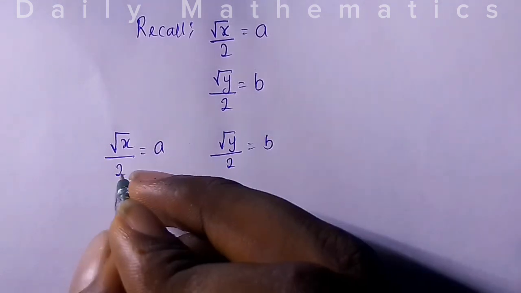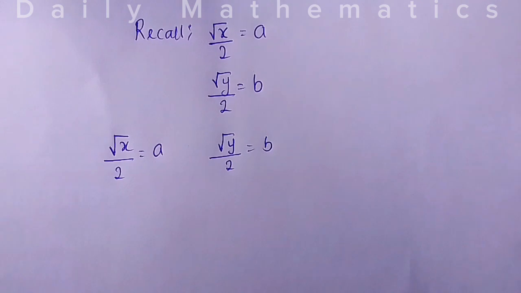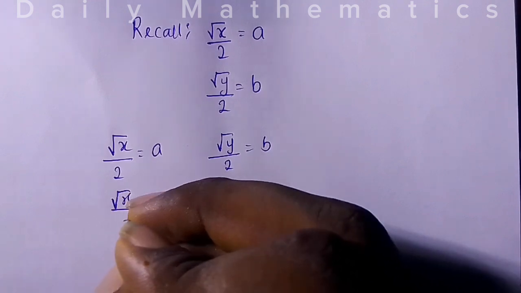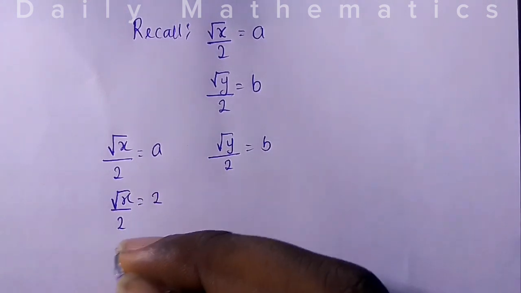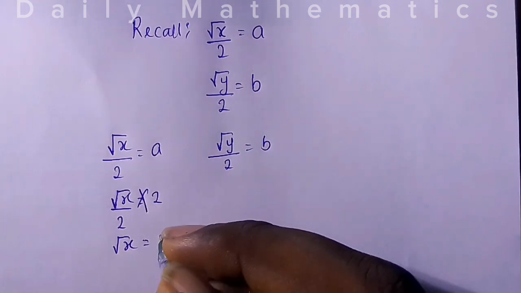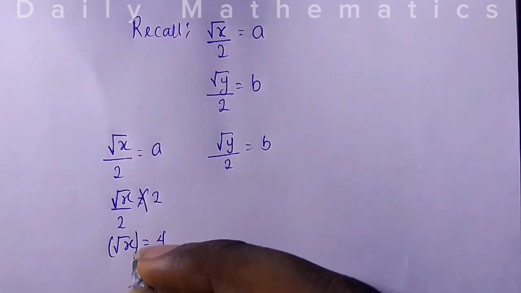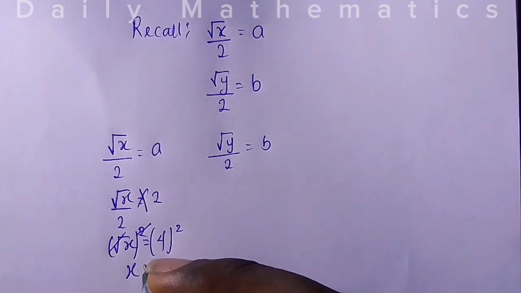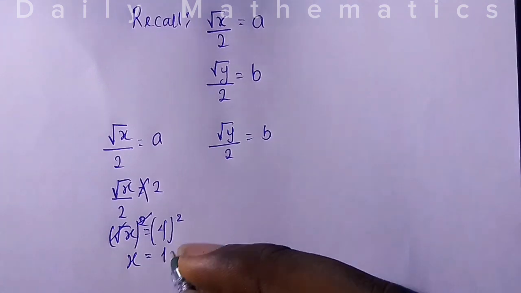Since we found a to be 2, root x over 2 equals 2. That's giving us root x, when we cross multiply, equals 4. And then when we square both sides to cancel the square root, x equals 16, right?